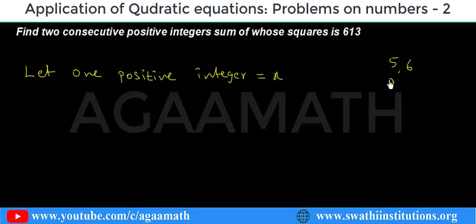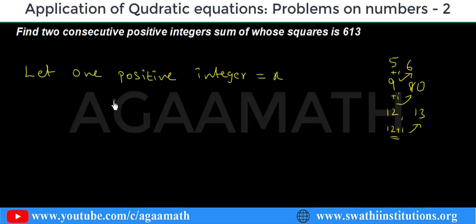If you take 9, the consecutive number is 10. If you take 12, the consecutive number is 13. To get 13, you add plus 1 to 12 and you get the next number. If you add plus 1 to 9, you get the next number.